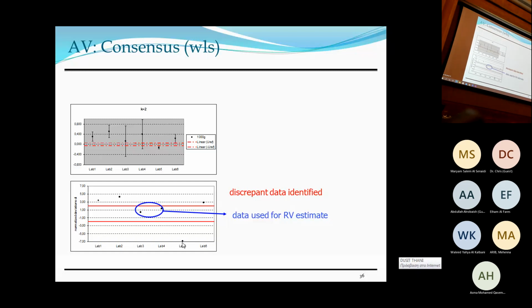And based on the procedure that I showed you previously, where we find the normalized deviations, that is the difference of each point with respect to the weighted average, divided by the square root of the uncertainty of the point minus the uncertainty of the average. Why minus the uncertainty of the average? Because there's a correlation there, and it has to be taken into account.